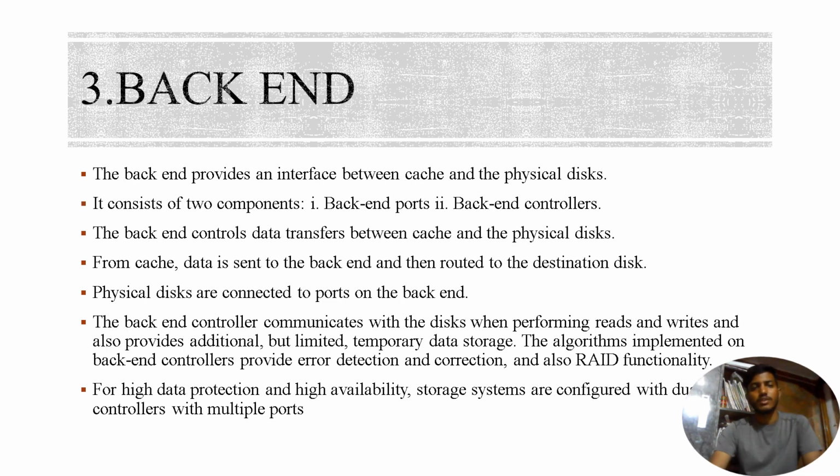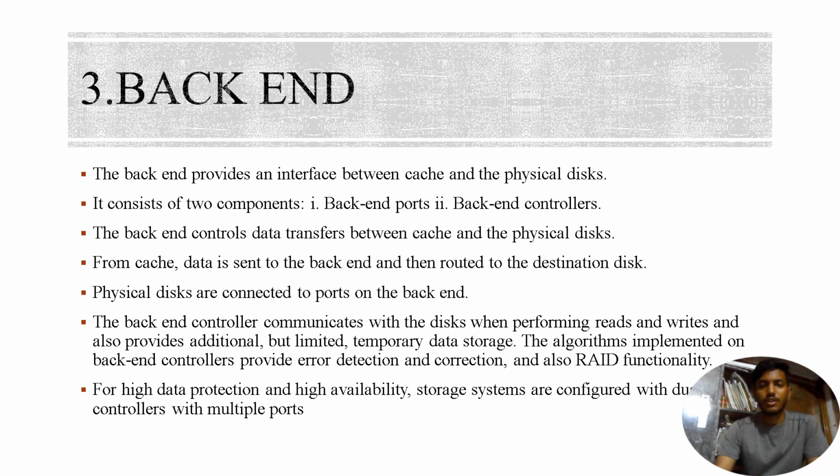Next, backend. The backend provides an interface between the cache and the physical disk. It consists of two components, the backend ports and the backend controllers. The backend controller transfers data between cache and the physical disk. From cache, data is sent to the backend and routed to the destination disk. Physical disks are connected to the ports on the backend.